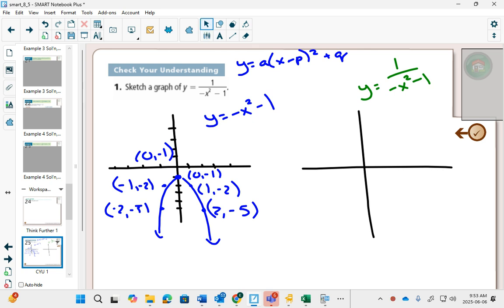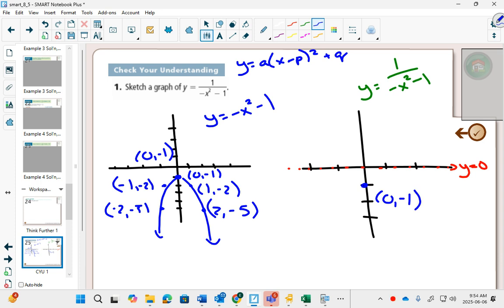Now when I go to reciprocal, do I have any x-intercepts? No. This one would have no vertical asymptotes. Second, I will always have a horizontal asymptote when it's 1 over a parabola, because this graph goes down forever. Now we take our nice points. What's going to happen to (0, -1)? It's going to become 1 over -1, which keeps it the same.